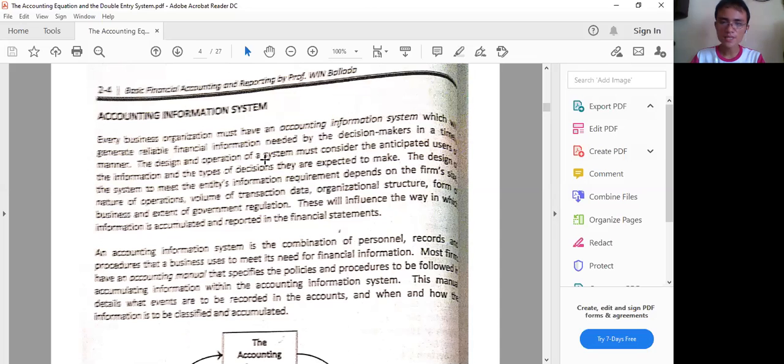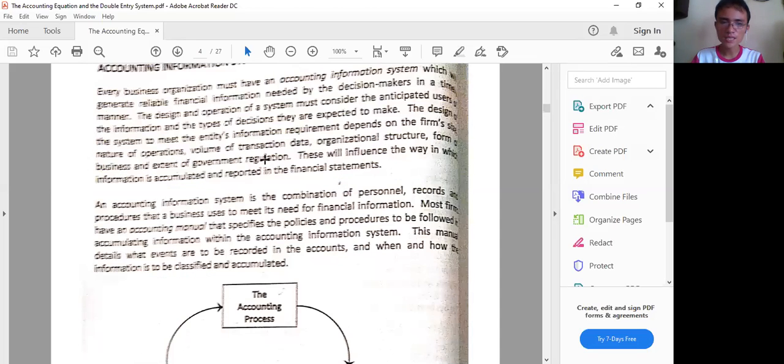Every business must have an accounting information system which will generate reliable financial information needed by the decision makers in a timely manner. We want to get the information so we can use it for our decision making. It doesn't have to be 100% accurate or reliable, for as long as it has only immaterial errors.